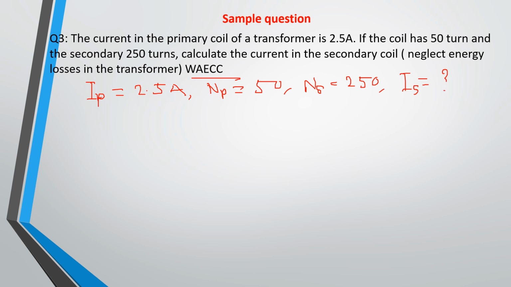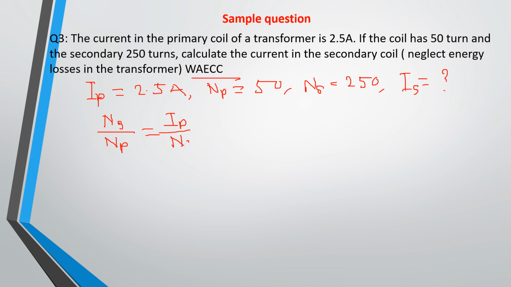So using our equation, we said that N secondary over N primary, number of turns in secondary and primary, is equal to current in the primary over current in the secondary.